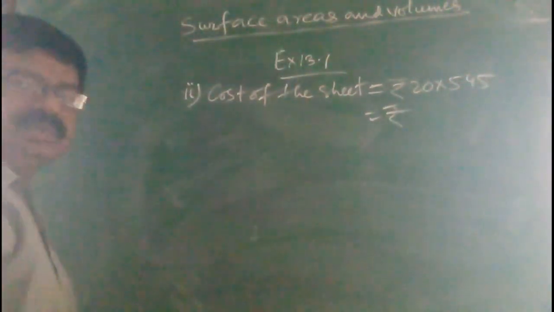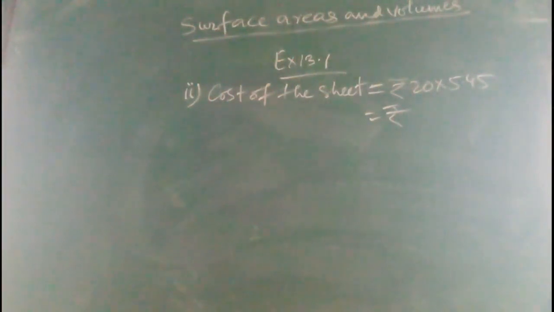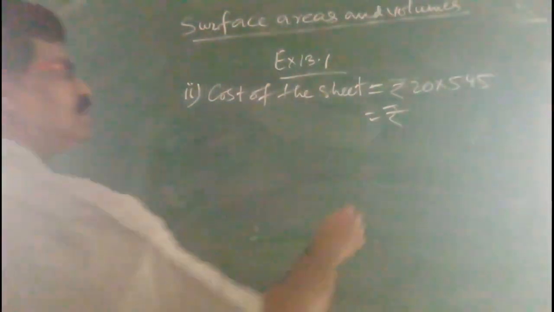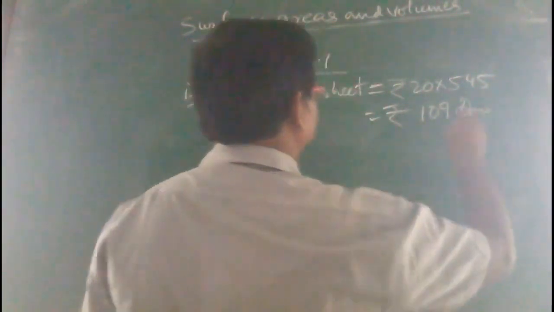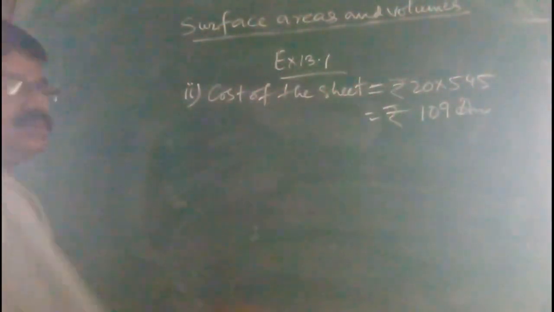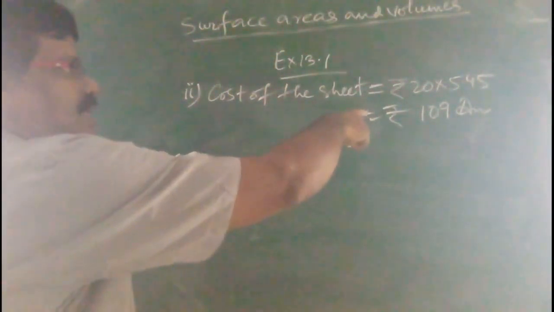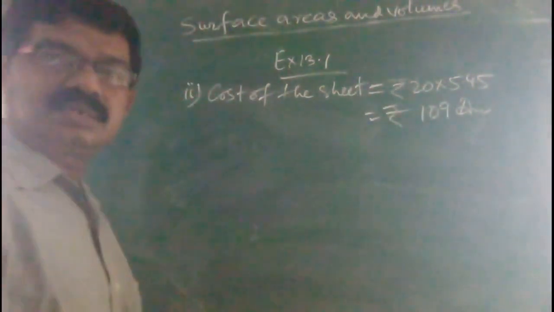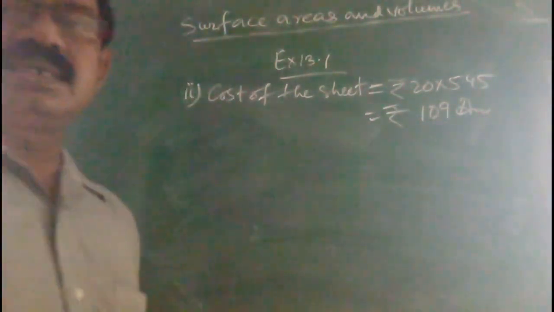Now multiply 20 with 5.45, which is equal to 109. So the cost of the sheet required to make that box, if per meter square costs rupees 20, is total rupees 109.